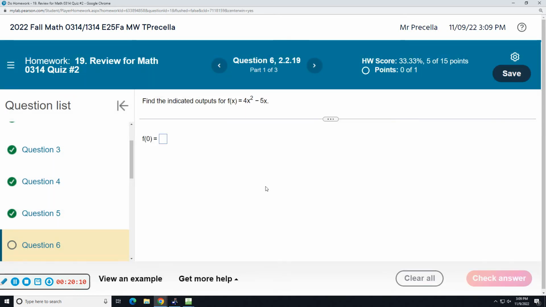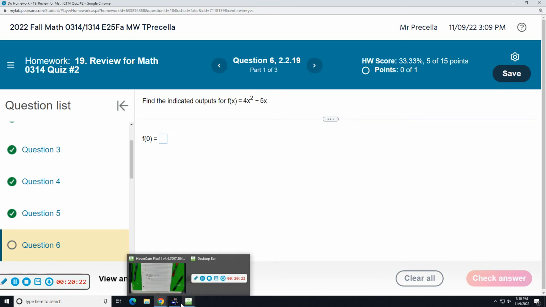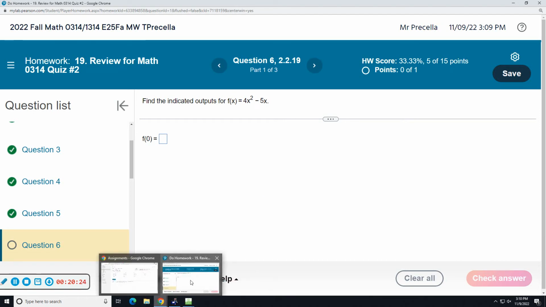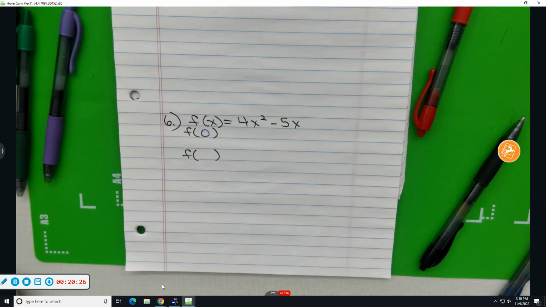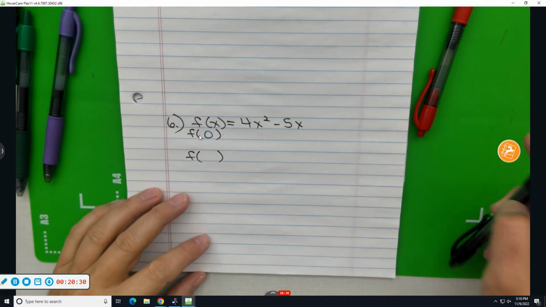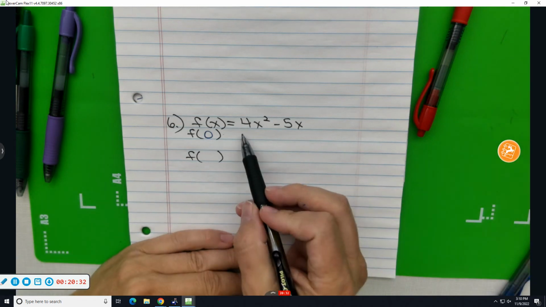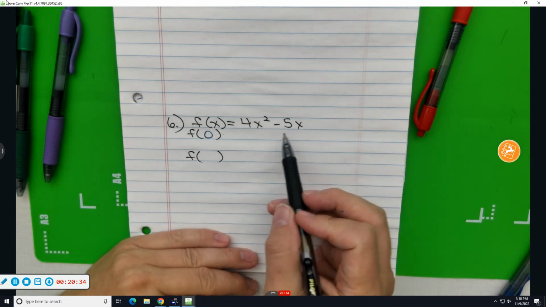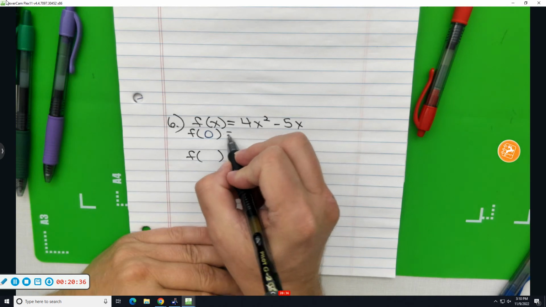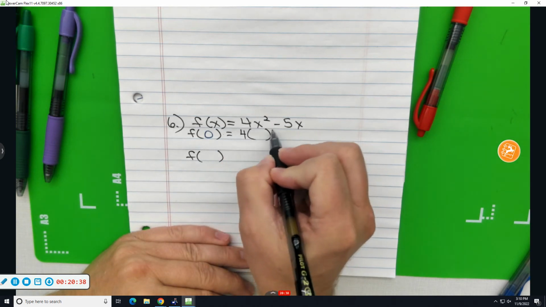Okay. Number 6. We have the function f of x equals 4x squared minus 5x. And there are 3 parts to this one. The first one they want us to find is f of 0. F of 0, that says go to your function f, and where you see a variable, you're going to write a 0.